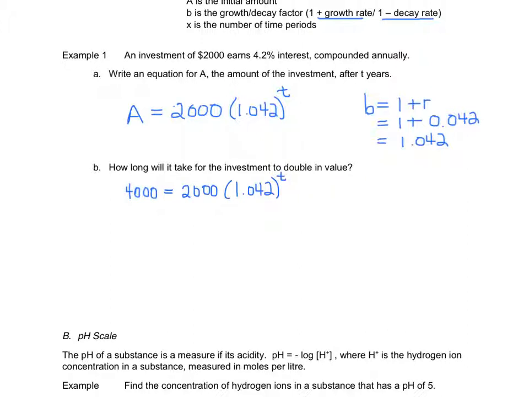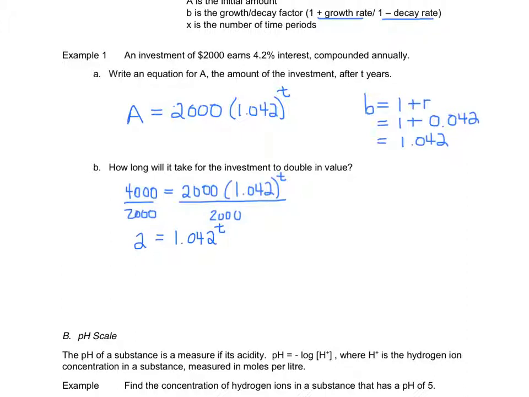Now, in order to solve this equation, we're first going to divide both sides by 2,000, which leaves us with the equation 2 equals 1.042 to the exponent t. Okay, now in order to solve for an exponent, this is where we need to use logarithms.